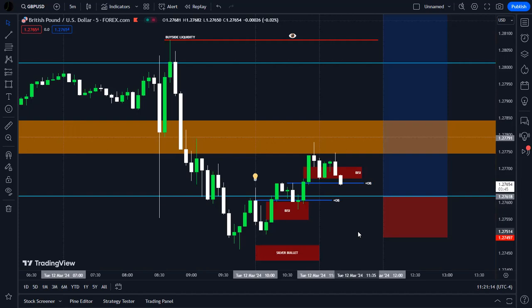The order block should support price and push us higher. I'm also watching to see how that closes. Will it close inside the current fair value gap, or will it close outside of that fair value gap?